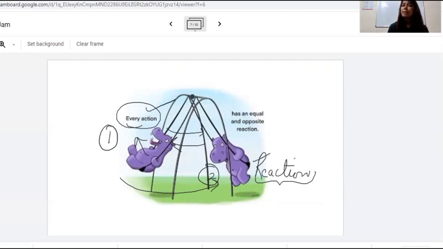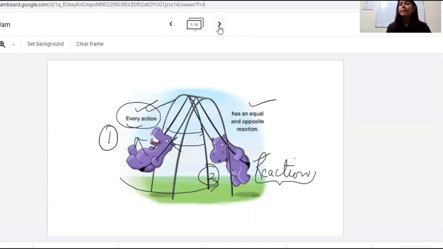So from here we can say that every action has an equal and opposite reaction. So if this animal provides the force on this swing, in turn the swing also provides the force on this animal. And due to this reason, this swing is moving in the to and fro motion. I think that I have made you clear.